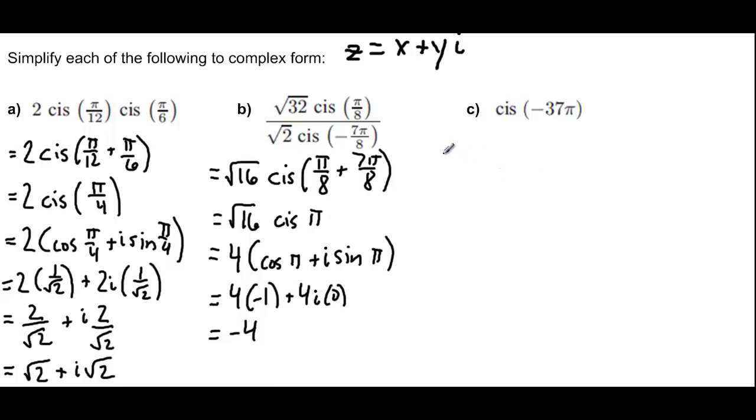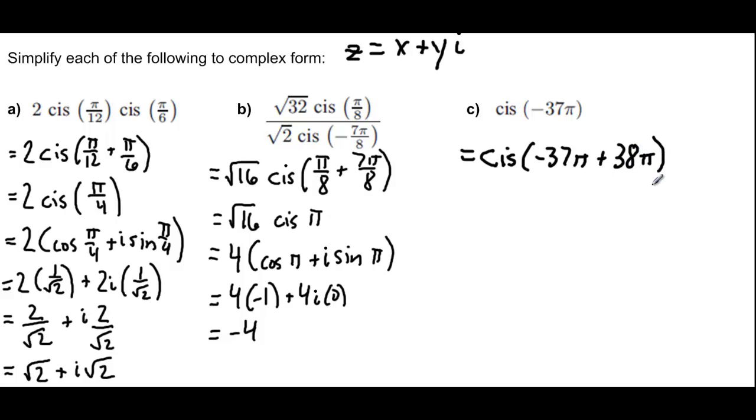Cis of -37 pi. So this is using that last rule in which we can subtract or add on, in this case because we're at negative, we're going to add on multiples of 2 pi. So what I can do, and it would still be the same, is take this and add on, for instance, 38 pi.